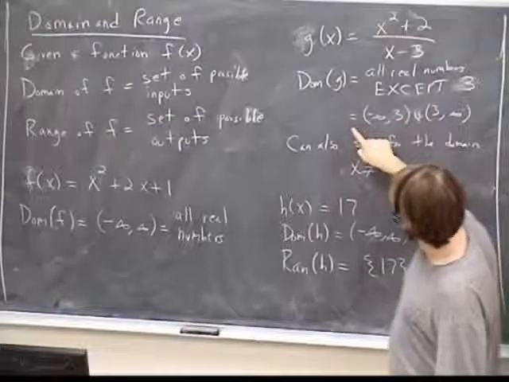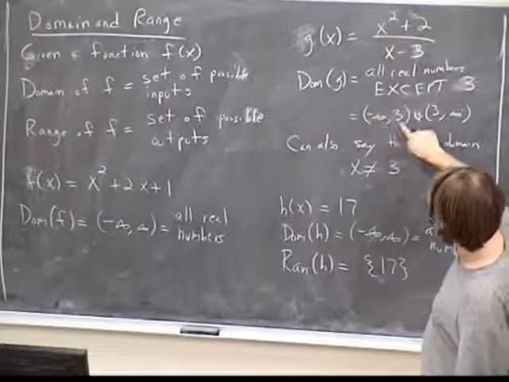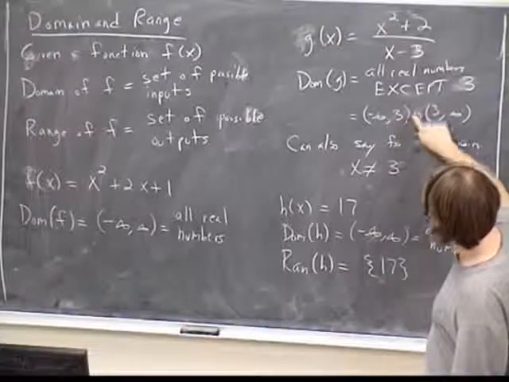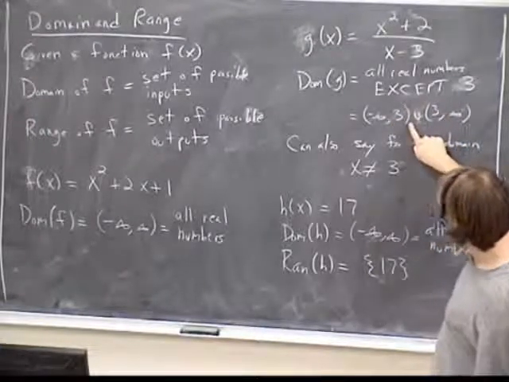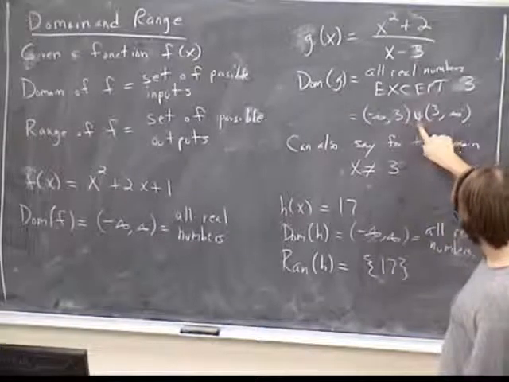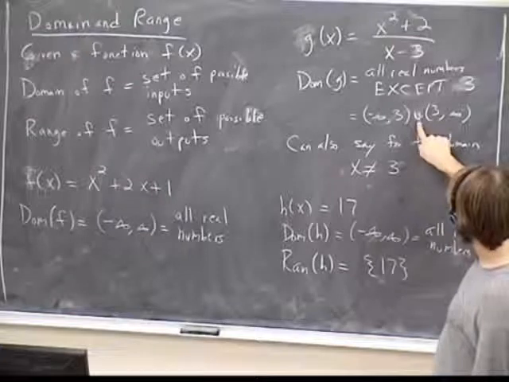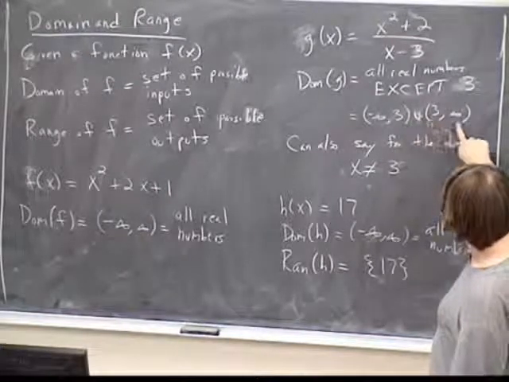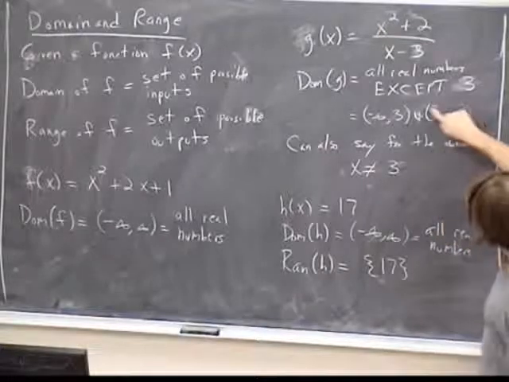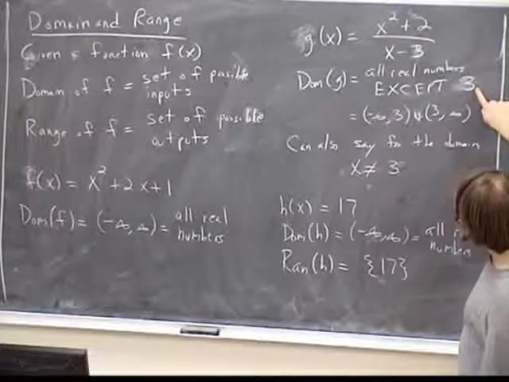So the domain of g is all real numbers except 3. The way you could write this in interval notation is as minus infinity to 3. Notice we're excluding 3 here, since we have this parenthesis and not the bracket. Union, that's what this little U symbol means. That means we're taking these two things together. So union 3 to infinity. Again we're excluding 3 because we want real numbers except for 3.